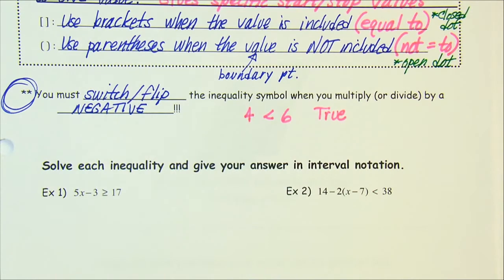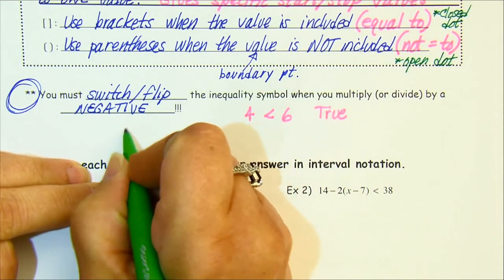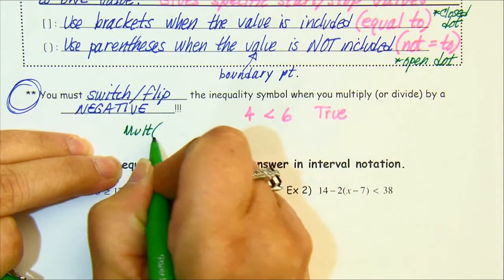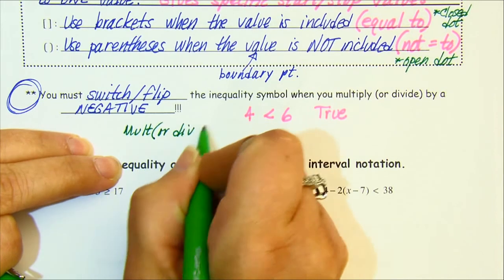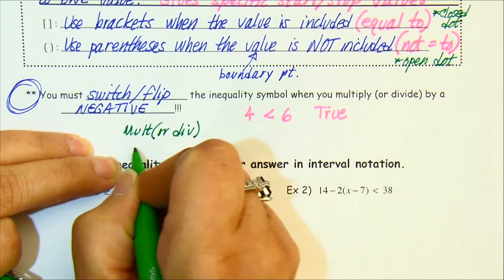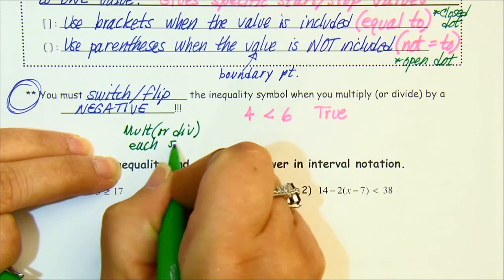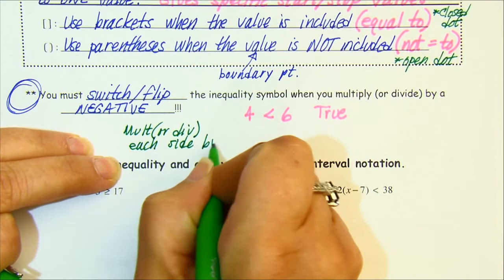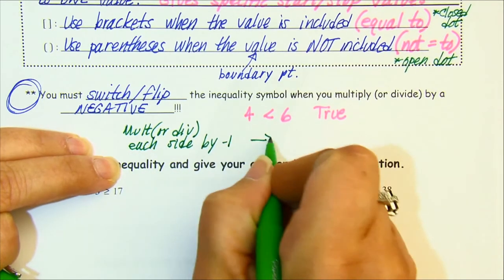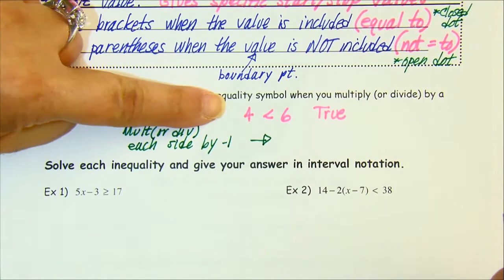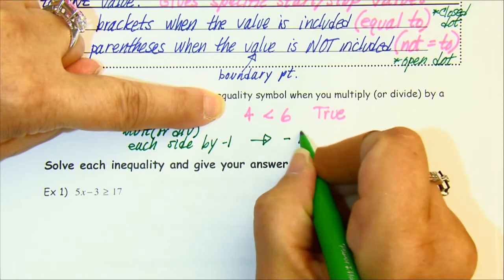Now, if I either divide or multiply each side of the inequality by -1, so if I multiply 4 by -1, I get -4.